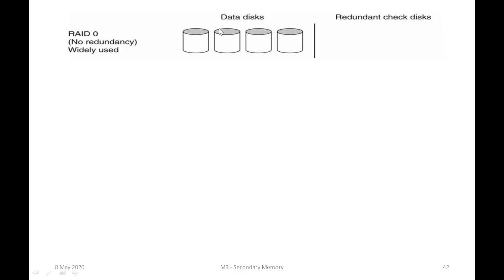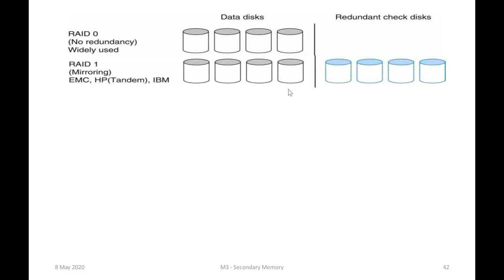So if we have 4 disks, all the 4 disks will be used for data storage. RAID 1 has mirroring capability, and what it means is if we have, let's say, 8 disks, half of the space is used as a copy of the data. So the blue disks would have the same data as the gray disks.